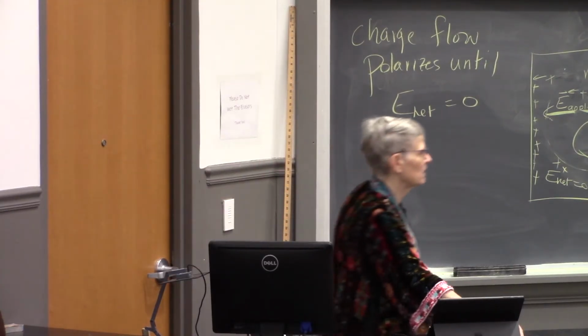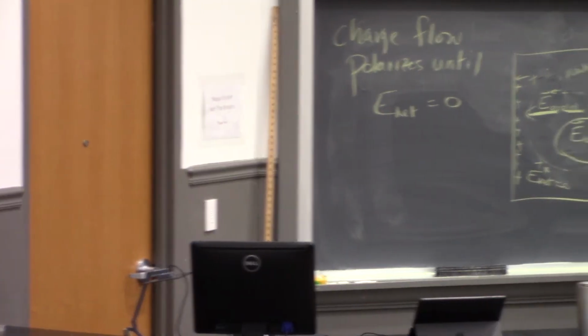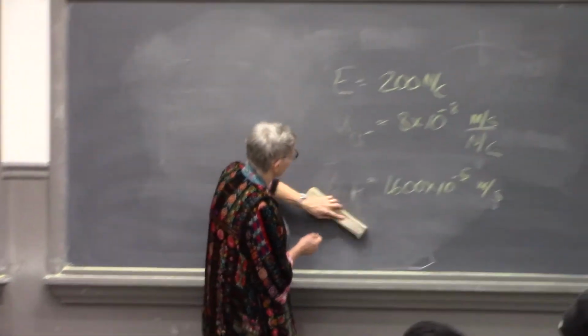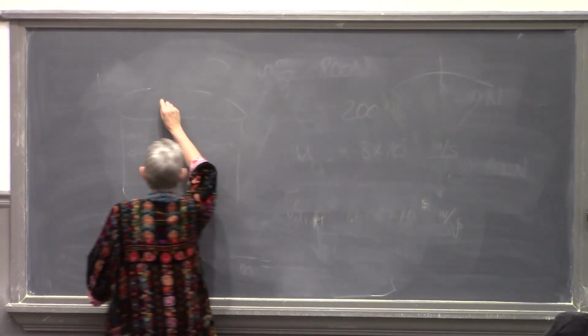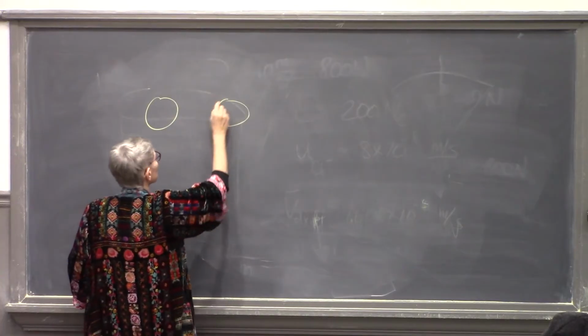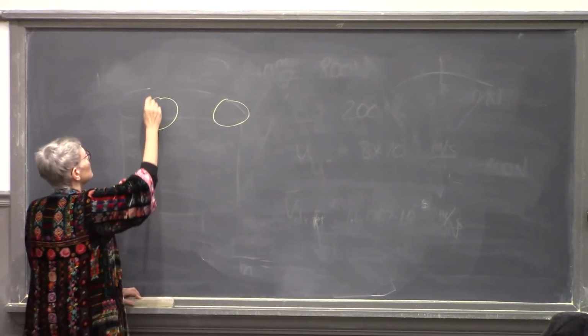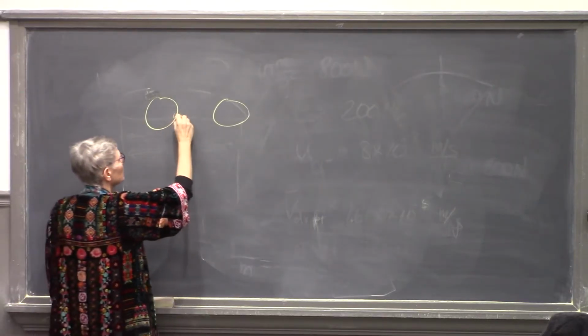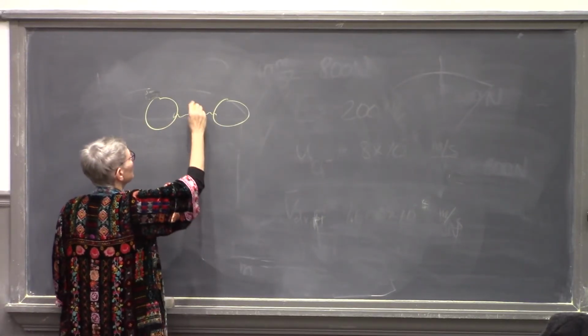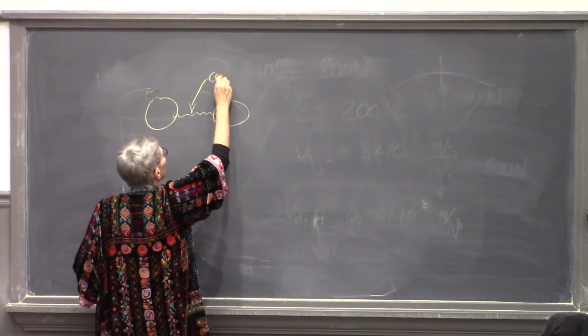Well, remember that we modeled a metal as a lattice of massive objects, which were the nucleus and the inner electrons connected by spring-like covalent bonds.